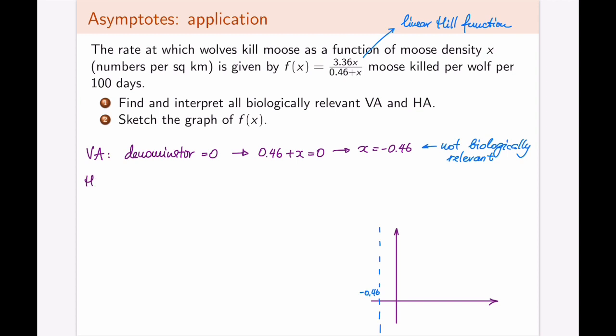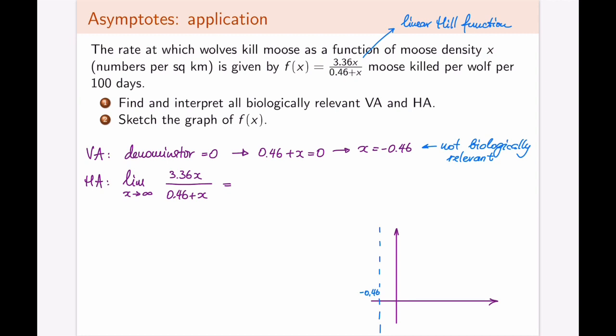Let's talk about the horizontal asymptotes. So the horizontal asymptotes, we always calculate by calculating the limit of the function as x approaches infinity. So I simply take my function and I'm going to take its limit.